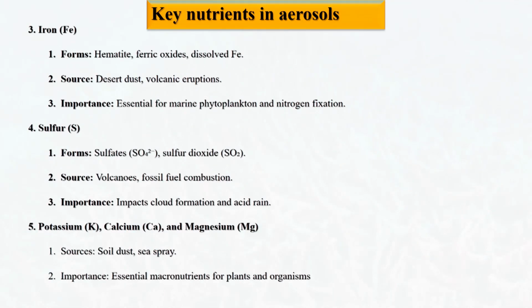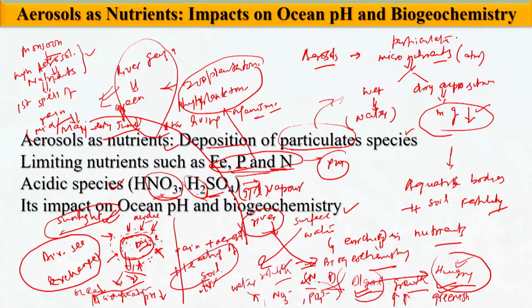So, in the next slide we have iron. Iron, as we know, in the aerosols will be either in the form of hematite or ferric oxide or dissolved iron. If you go back to the dissolved iron process I just talked about here, suppose this aerosol contained some form of iron. This iron could be in the form of Fe2+ or Fe3+, it could be both.